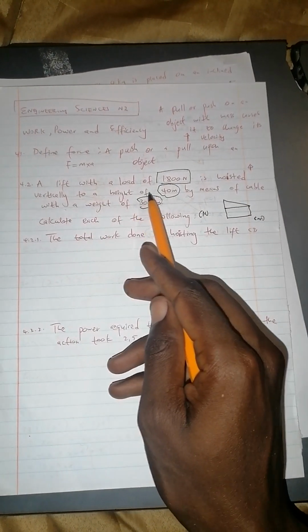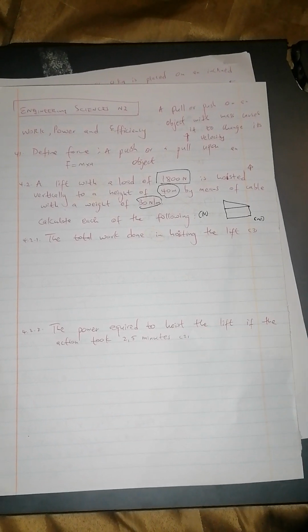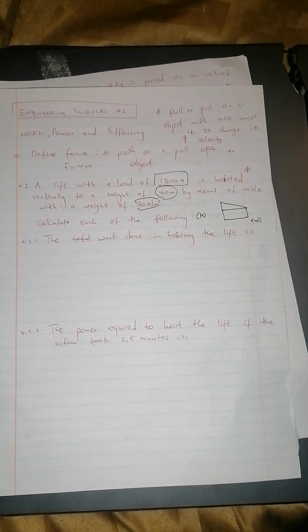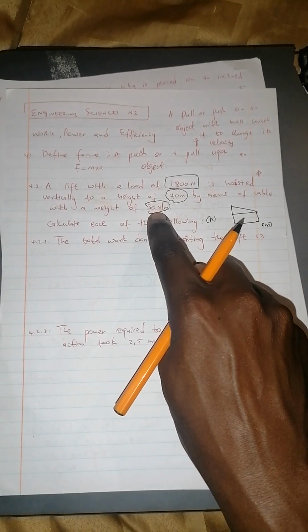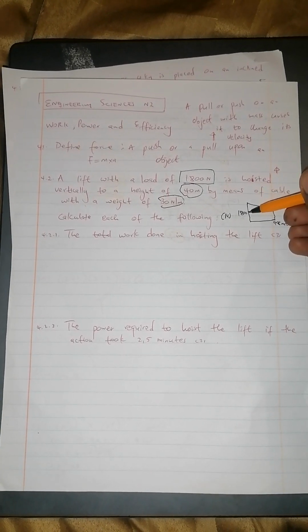According to this statement, we have a lift with the load of 1,800 newtons hoisted vertically to the height of 40 meters by means of the cable with a weight of 30 newtons per meter. So from this point we have 40, and here we have 1800.